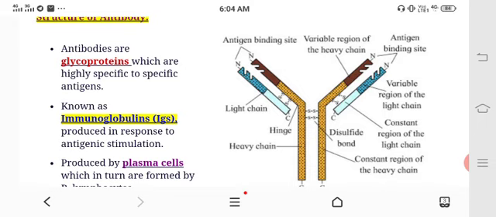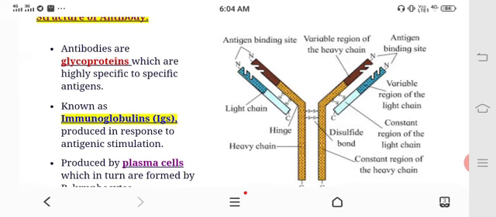These paratopes bind to a specific antigen and form the antigen antibody complex. Since most antibodies carry two binding sites, they are also said to be bivalent.